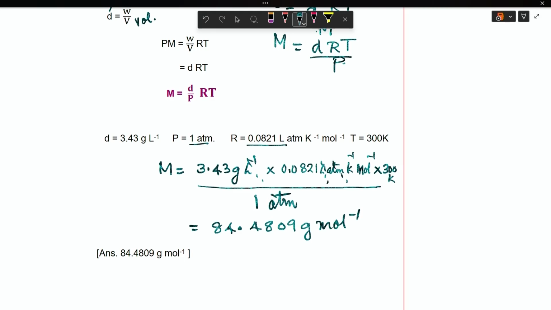Atmosphere and atmosphere get cancelled, Kelvin and Kelvin get cancelled. The remaining is gram and mole inverse. So, the answer is 84.4809 gram per mole, and this is the molecular mass of that gas.